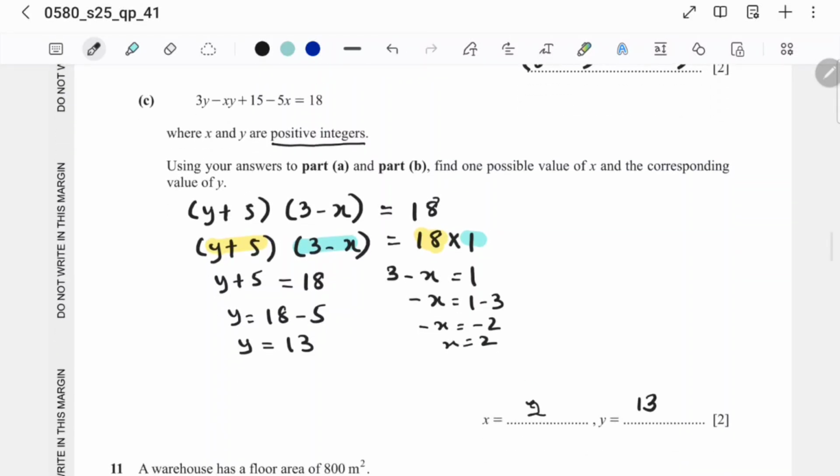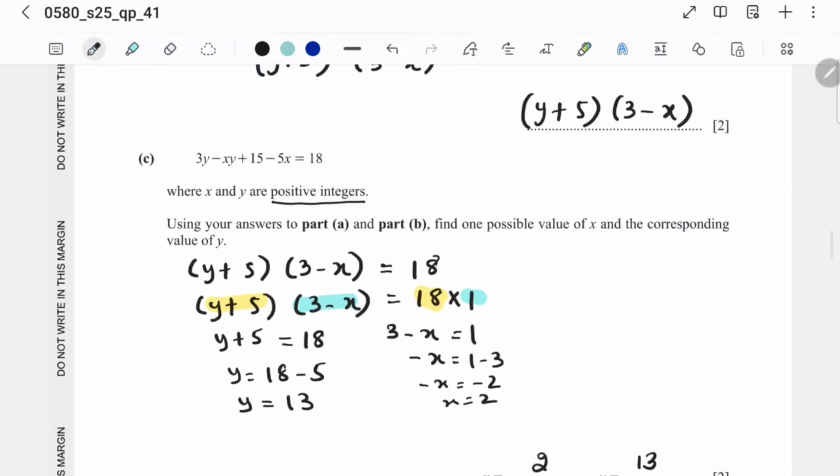Okay, 2 and 13. If I take the number 1 times 18 the other way, you must have this question in your mind: that 3 minus x is equal to 18 and y plus 5 is equal to 1.